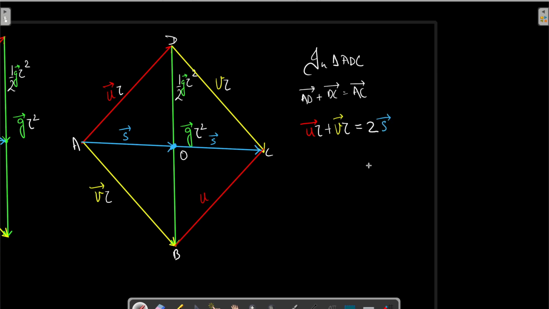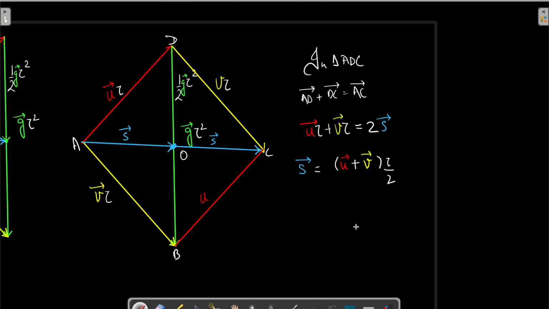So at this point we can say S vector is equal to something into tau by 2, and that something is U vector in red plus V vector in yellow.